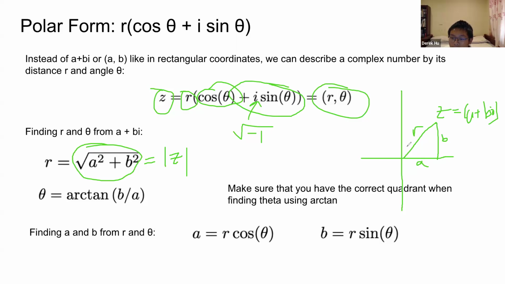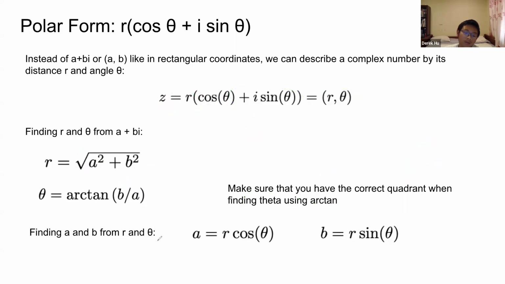And then theta is here. I'm going to try to find theta. So we can just apply trigonometry. We know that tan of theta equals b over a. So then arctan of b over a is equal to theta. However, notice that this is not always true, and it will come up in the next slide.